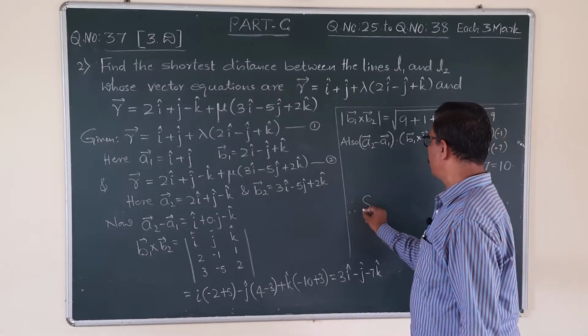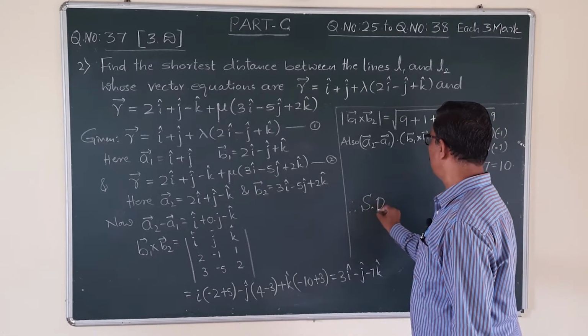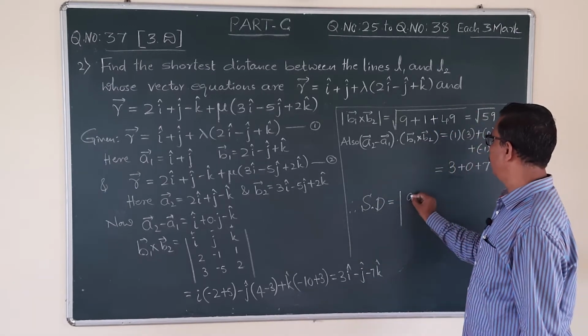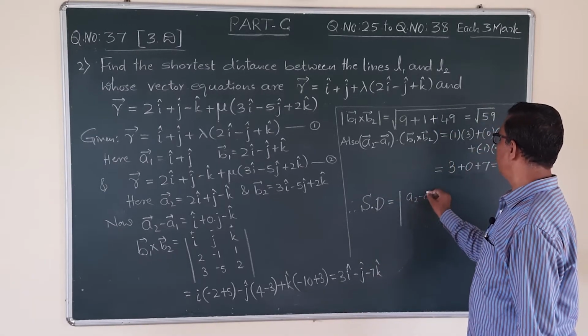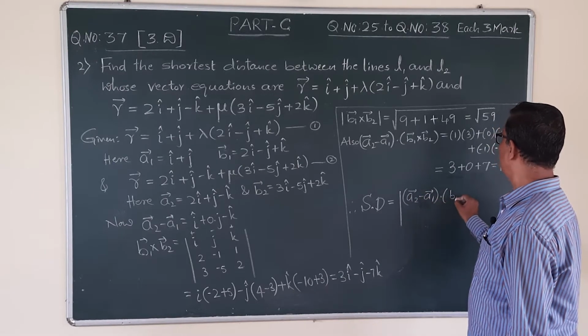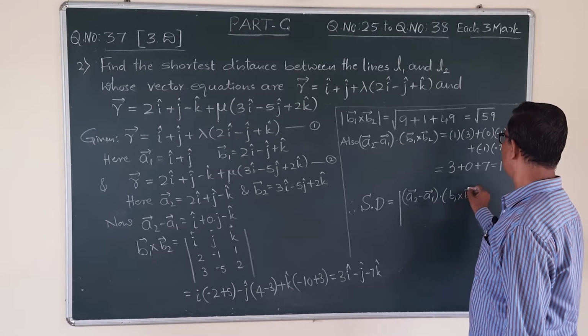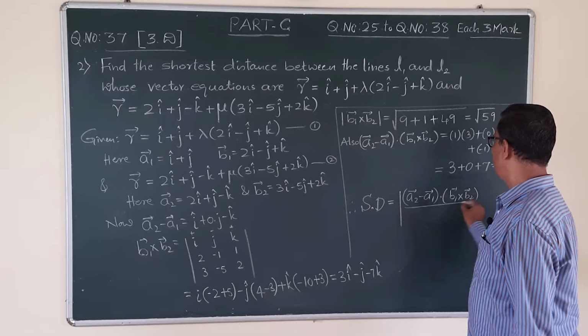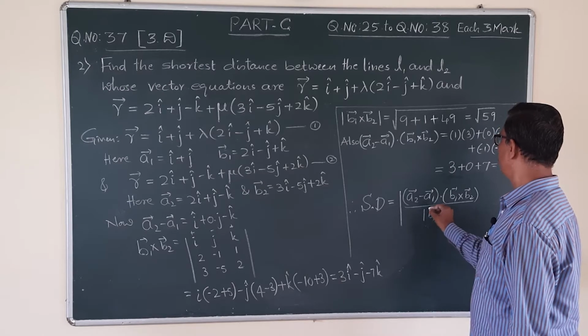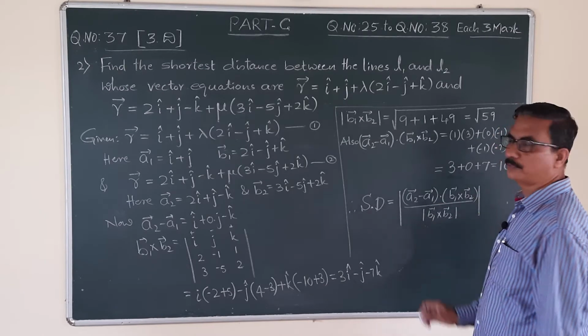Therefore the shortest distance between two lines, short form SD, is equal to the formula: modulus of a2 minus a1 dot b1 cross b2 divided by the magnitude of b1 cross b2.